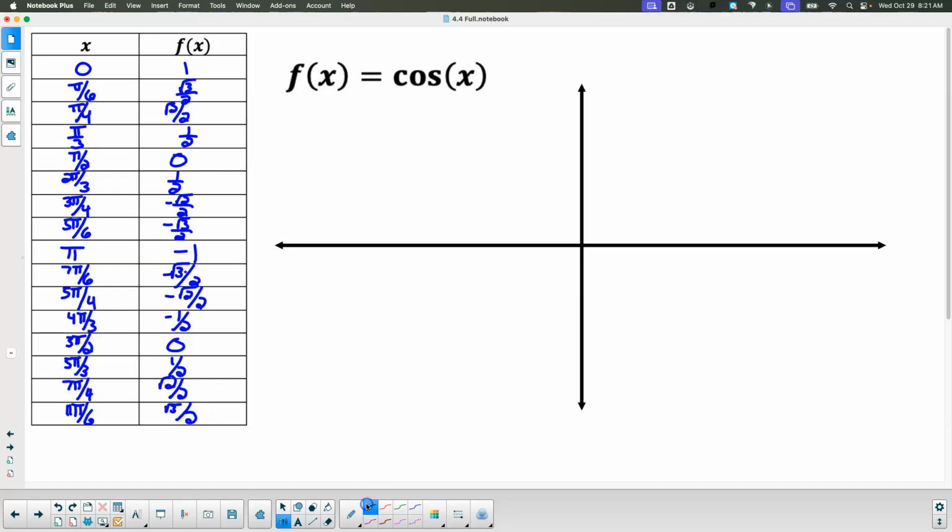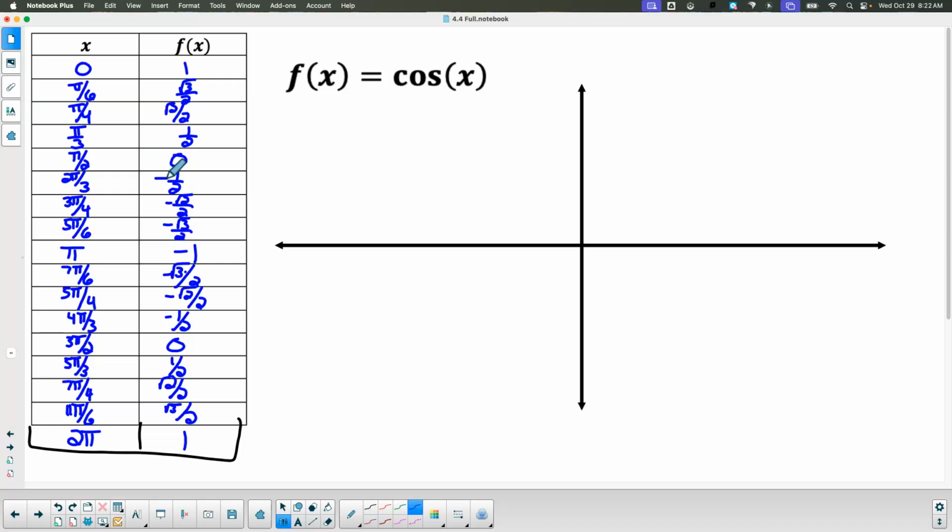And 2 pi. Back to 1. Your 2 pi over 3 has to have a negative in front of it. 2 pi over 3 needs a negative in front of it. Yes, it does.